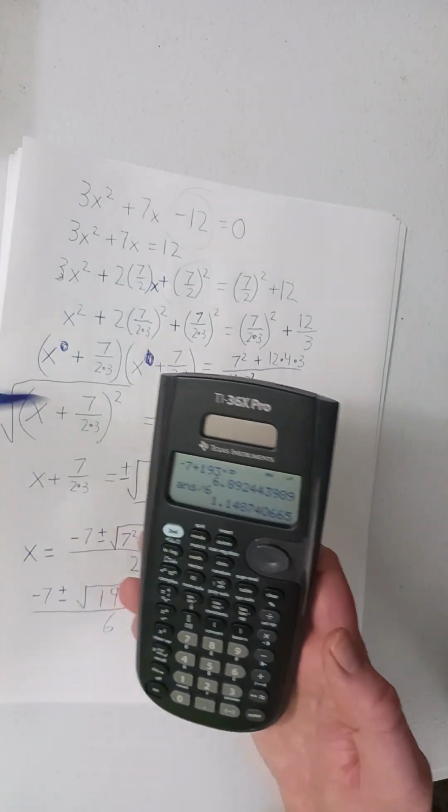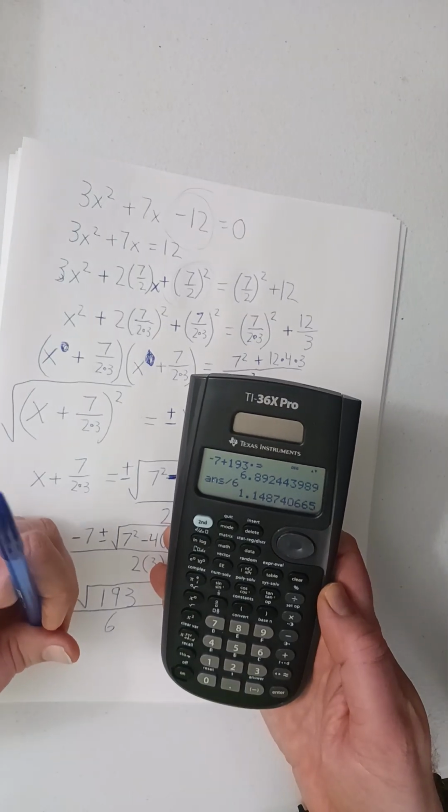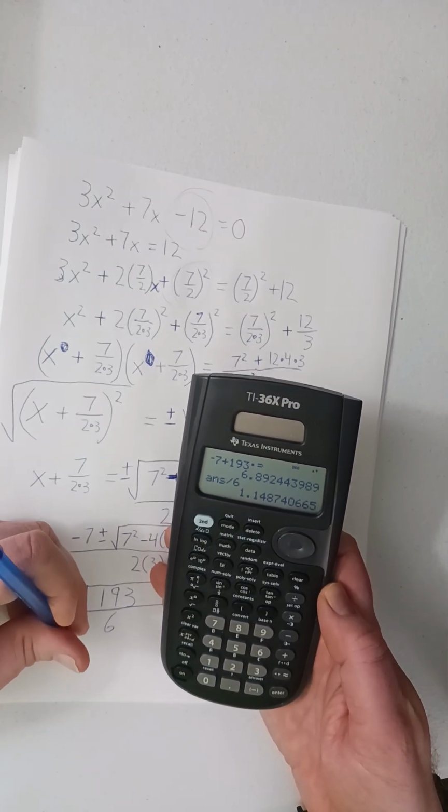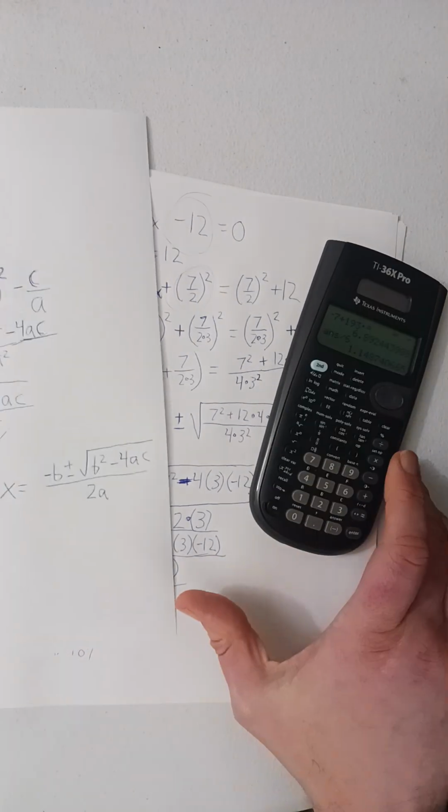We end up with the same number again. So 1.1487, it just keeps going. It's actually the same as this.